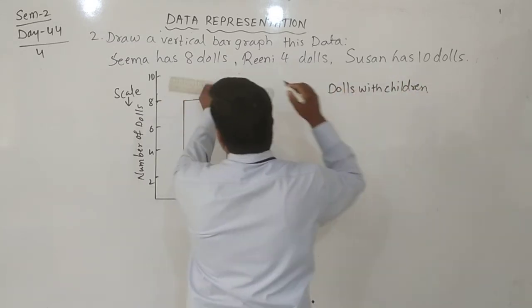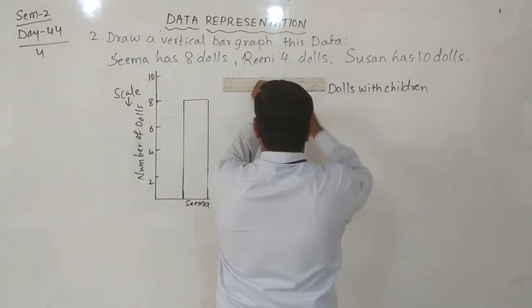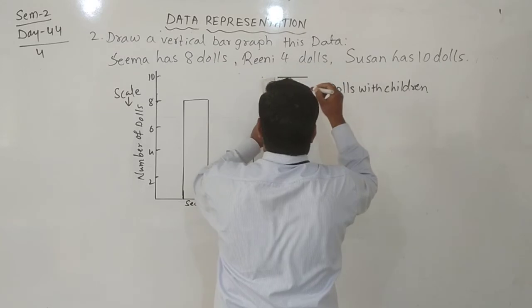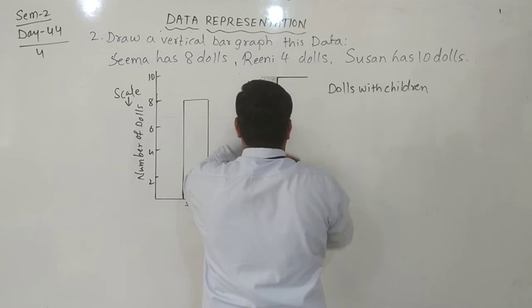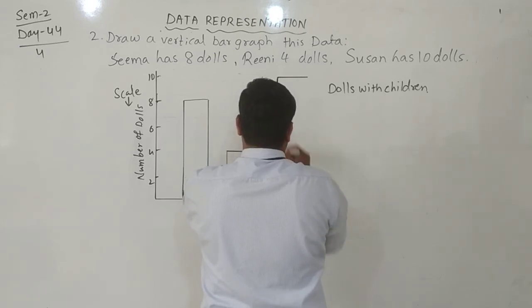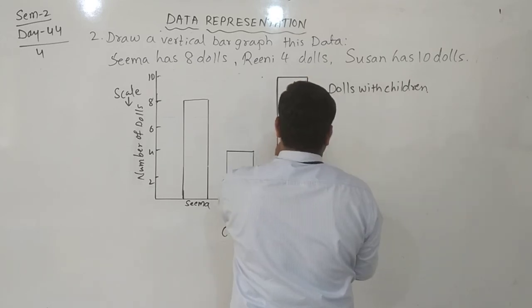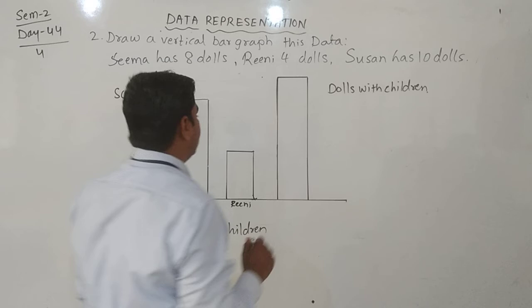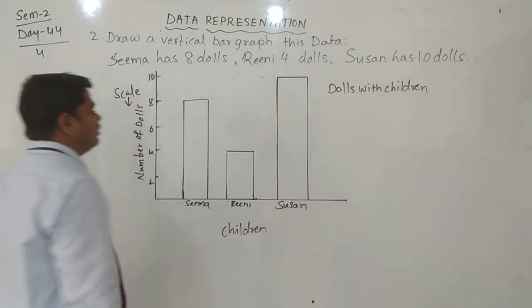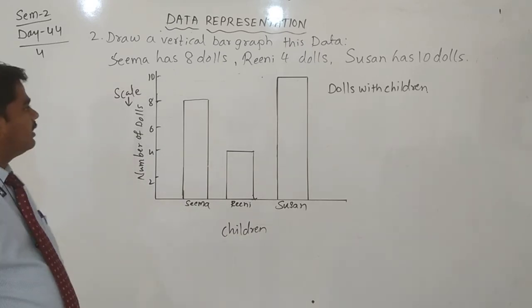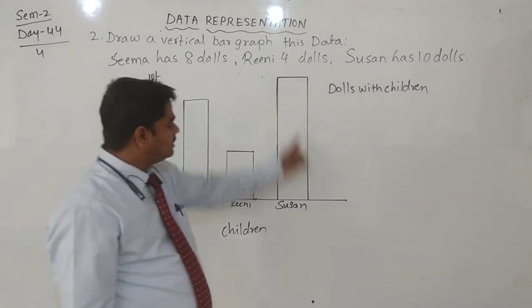Yes, Sushan has 10. This is the picture of the bars for the given data. Seema has 8 dolls, Rini has 4 dolls, and Sushan has 10 dolls.